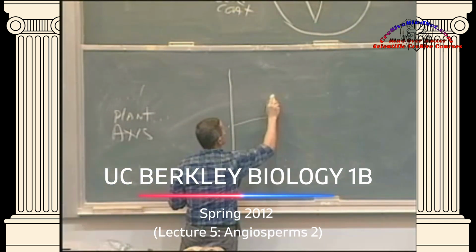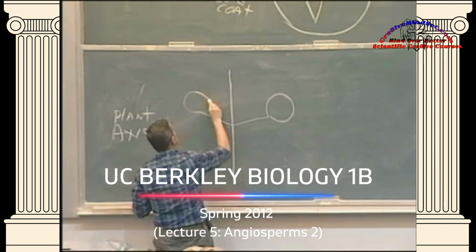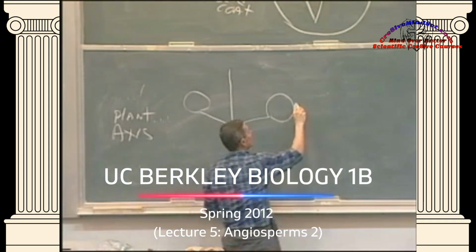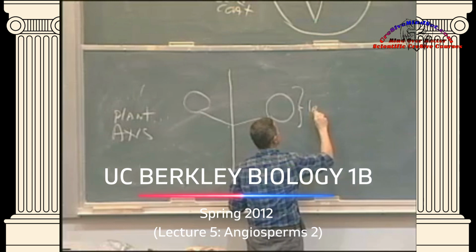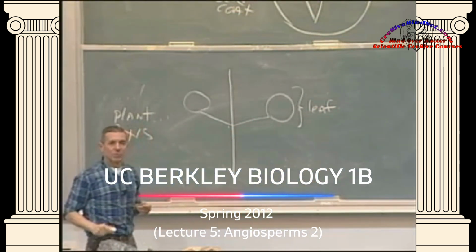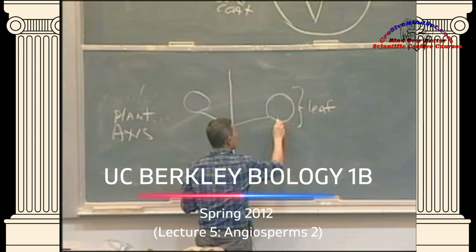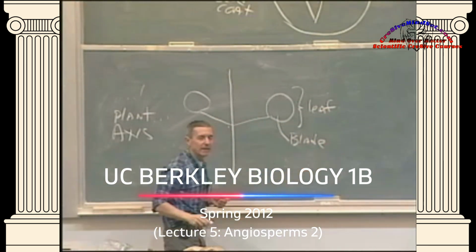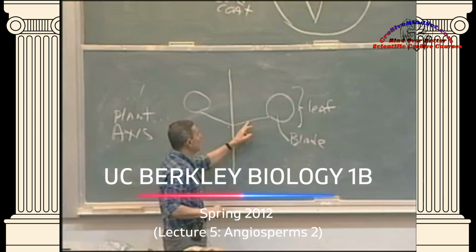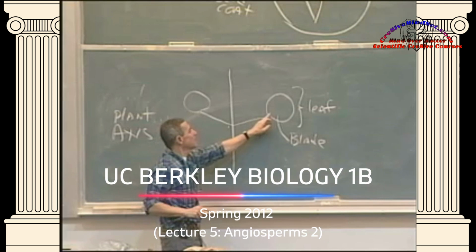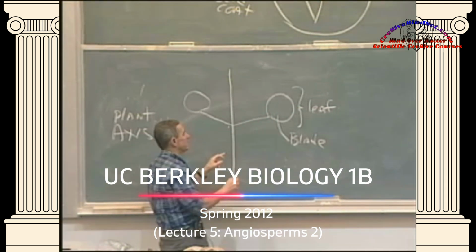The first thing I want to do is to put the landmarks of the structures that you're aware of. This structure here is a leaf. And the leaf is divided, as we will talk about in more detail later on, into two parts. Into a flat or somewhat elaborated area, which we call the blade, and then a narrow area that can be of varying lengths that attaches the blade to the plant itself.